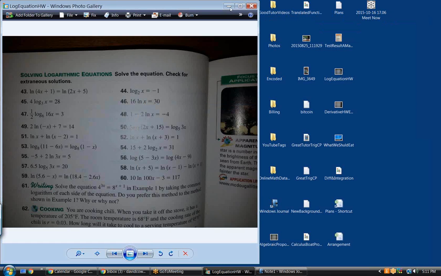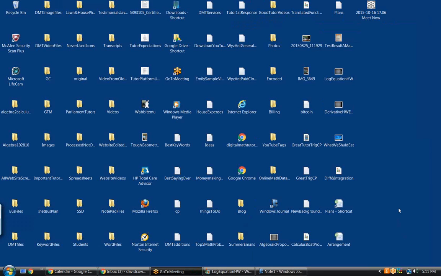I thought what we would do tonight is talk about something that's actually kind of similar to logs and exponents, but you tell me, and that is powers, roots, and radicals. I'm not sure exactly.